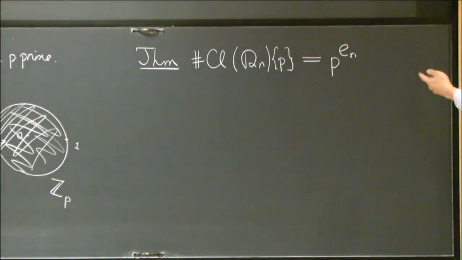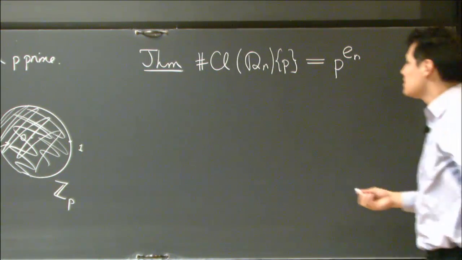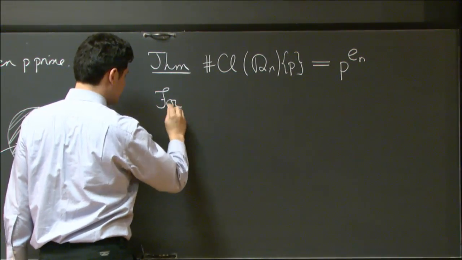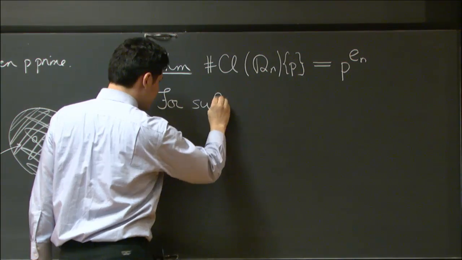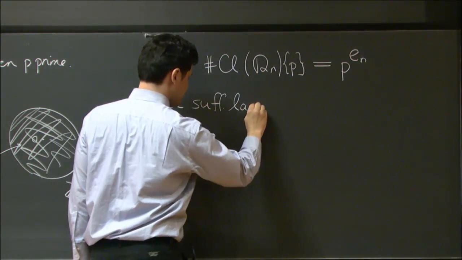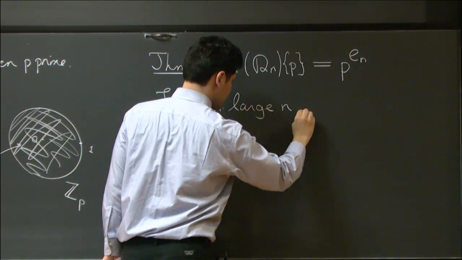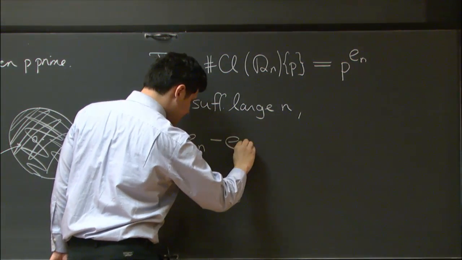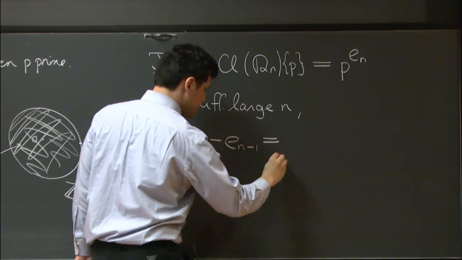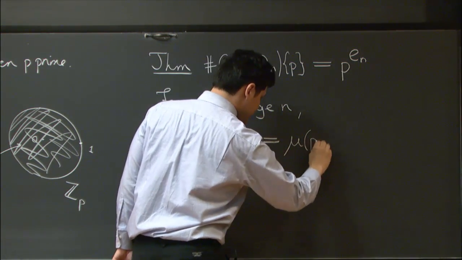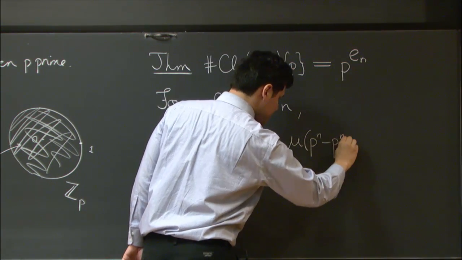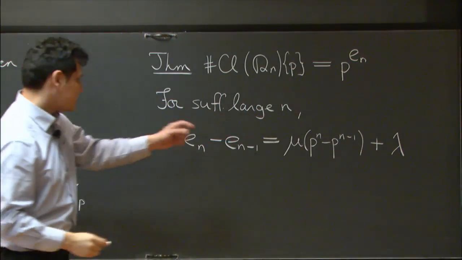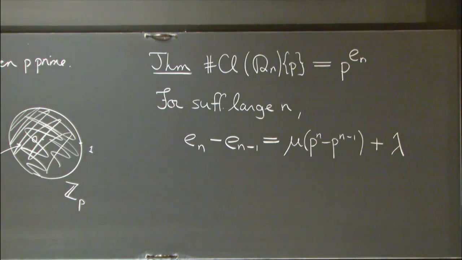We would like to know what e sub n is. His theorem says that for sufficiently large n, the difference between e sub n and e sub n minus 1 is equal to mu times p to the n minus p to the n minus 1, plus lambda, for some constants mu and lambda which don't depend on n.